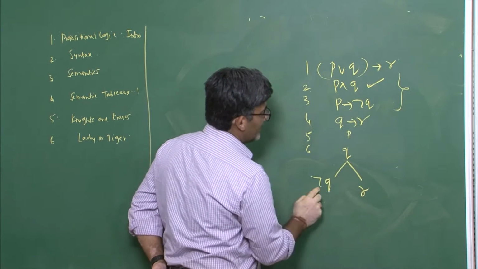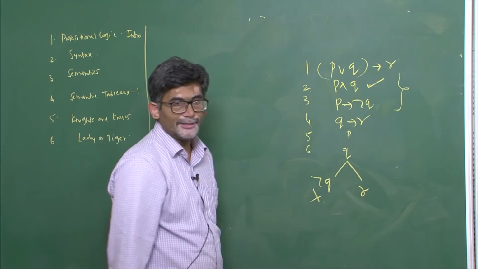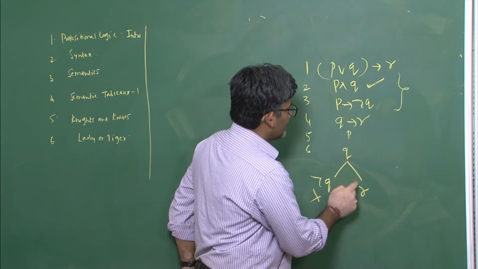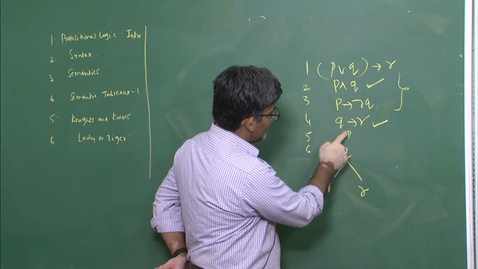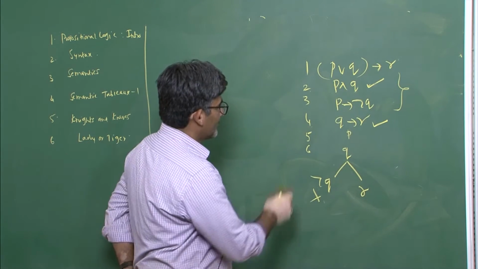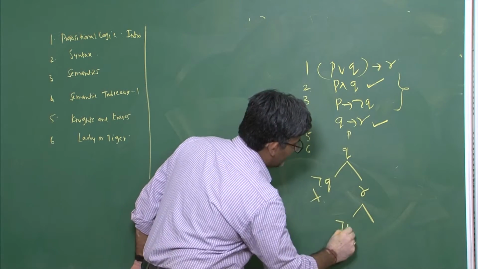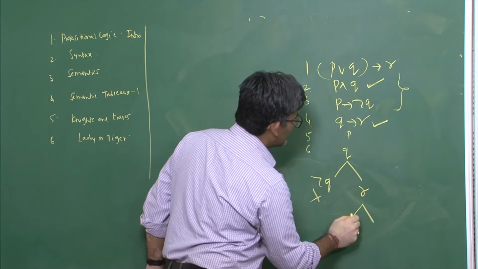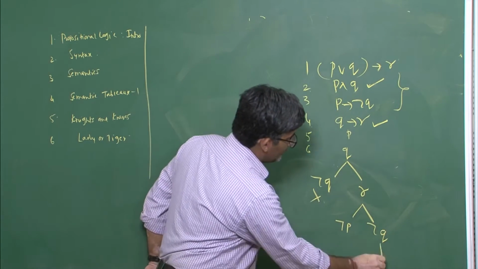So it is going to be not Q implies R. So Q and not Q, this closes. Now this is checked here. Coming back to this one, there is no way in which you can close the branch. So now you apply this, P implies not Q. Now Q and not Q closes.